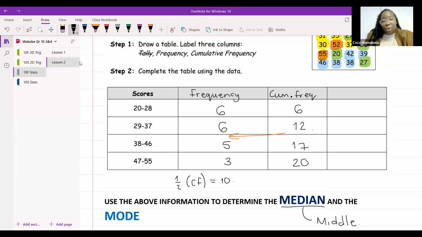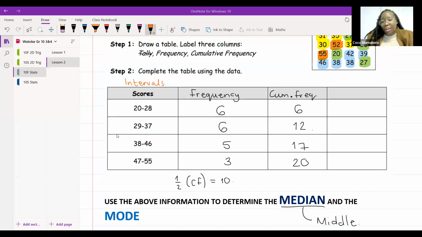It's the number that's going to appear when we arrange them in order. But if you think about this, they technically already have been arranged in order. But the problem here is that we have intervals, okay? We have intervals.